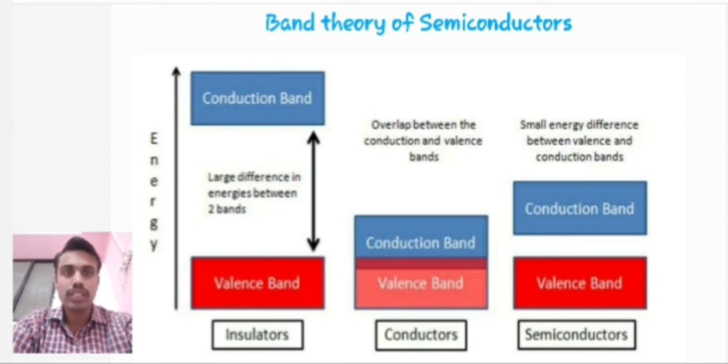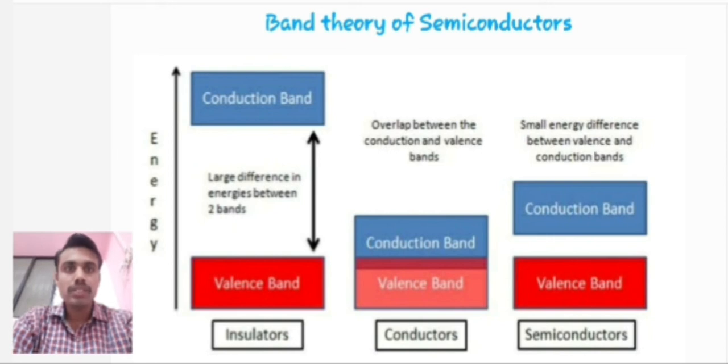First one is the valence band, second one is the conduction band, and the third one is the difference of energies between the valence band and conduction band, called the forbidden band, or we can simply call it the energy band gap. These are the three energy bands we can see in solid materials.